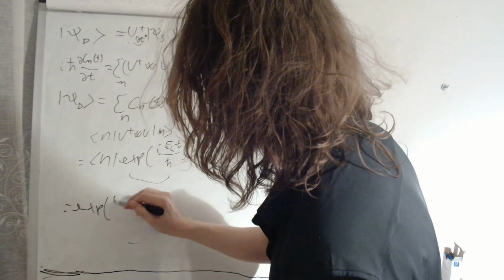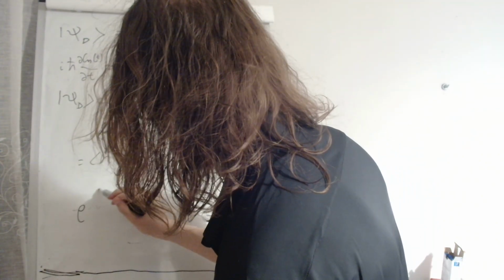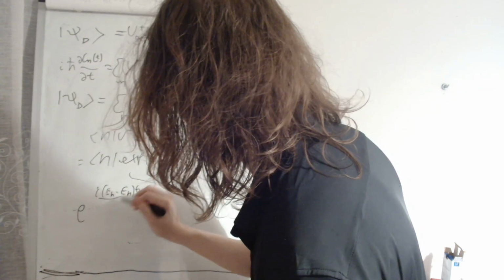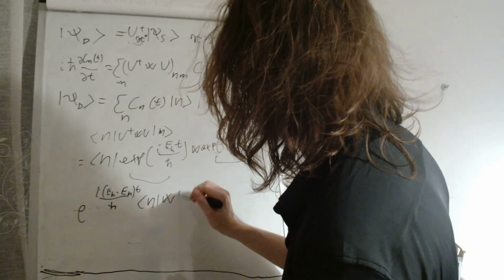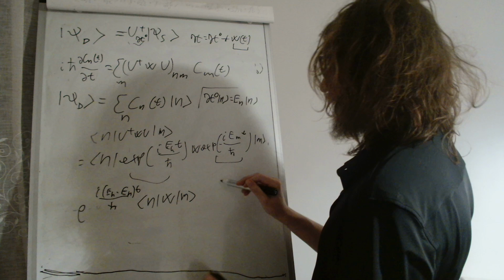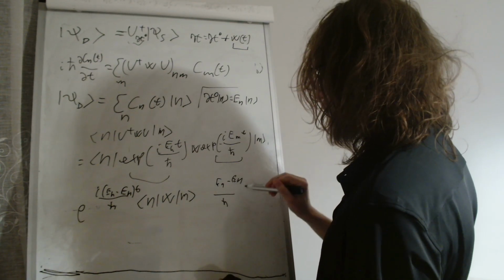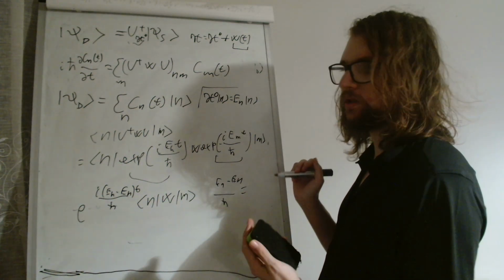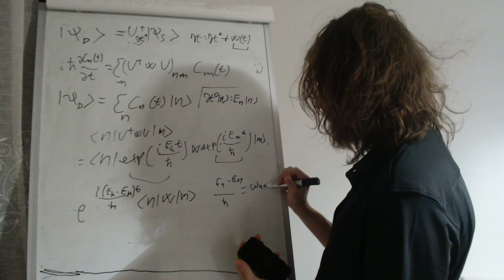exponential of i (En minus Em) t divided by h bar times <n|W|m>. Now (En minus Em) divided by h bar is usually called frequency omega nm.